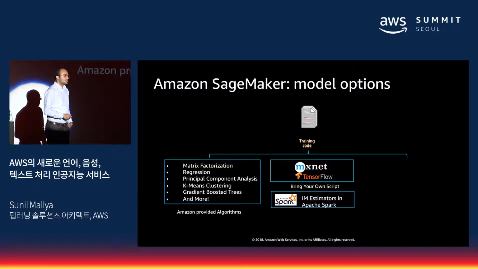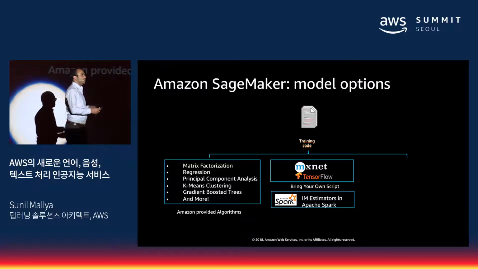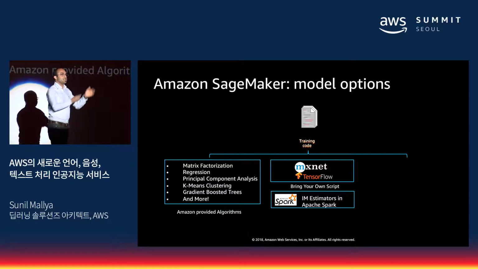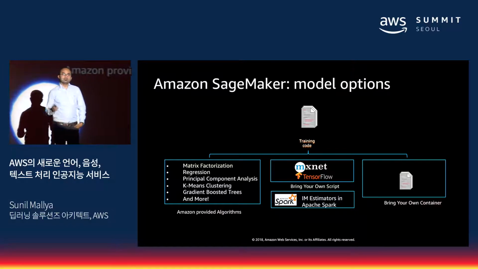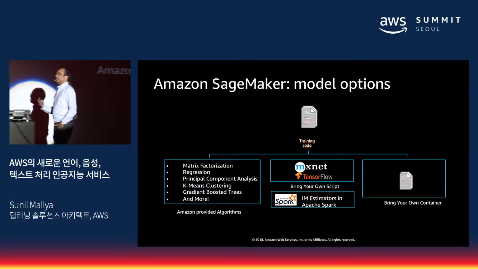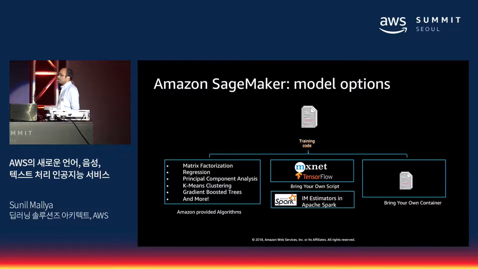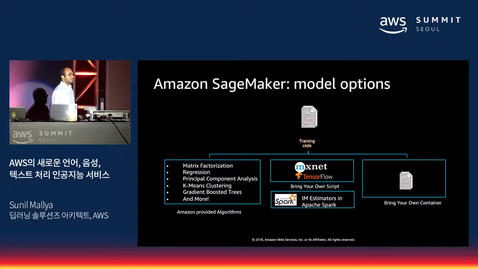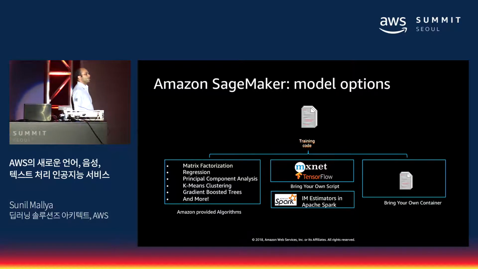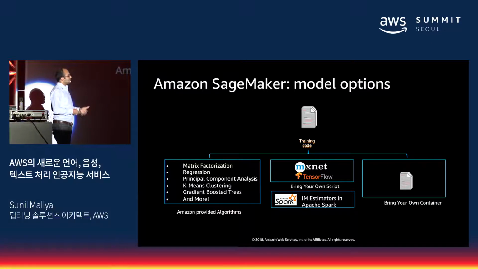And there are connectors to Apache Spark, so you can integrate that with your data pipeline and call SageMaker from Spark. And finally, we understand that people have their own needs or custom algorithms. To enable that, you can Dockerize your needs and bring that into SageMaker.